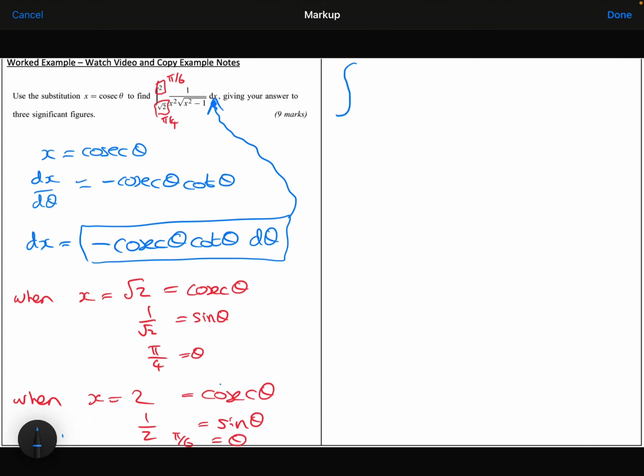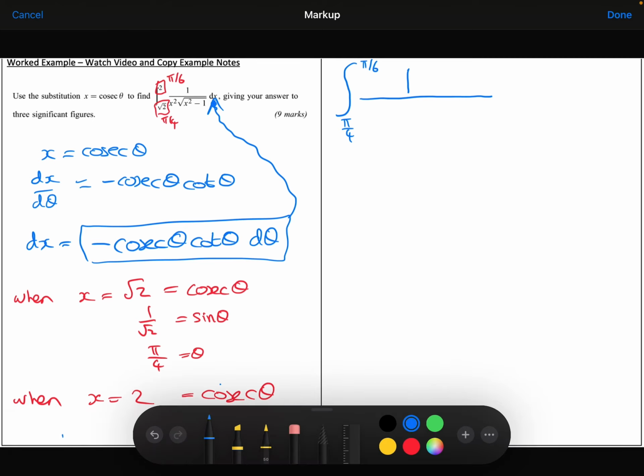So let's replace those. Now we're in the theta world. Upper limit pi over 6, lower limit pi over 4. 1 over the x squared. Well, x is cosec theta, so that is just going to be cosec squared theta. Then we have the square root of x squared minus 1.